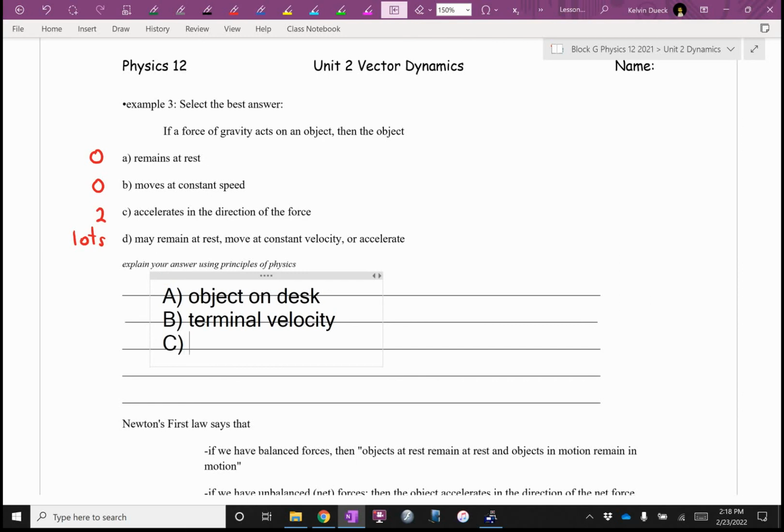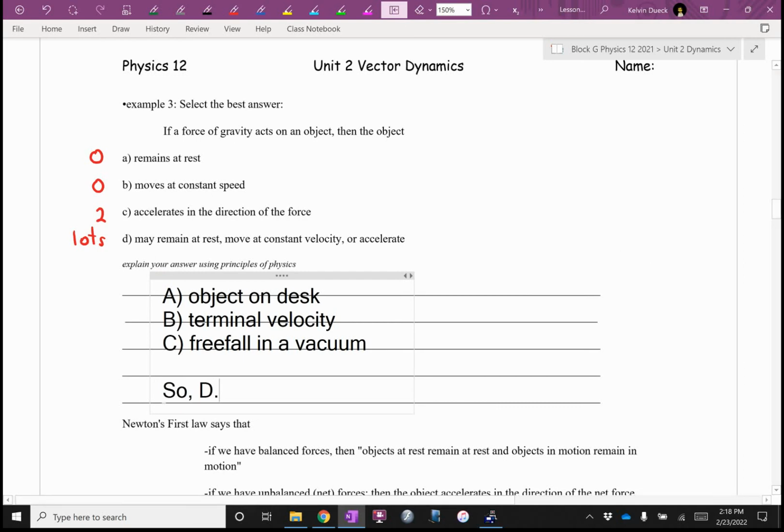What about accelerating in the direction of the force? Well, how about free fall? Or free fall in general, as long as we have a fairly aerodynamic object and don't let it hit terminal velocity, which is what we pretended was happening most of the time last year. So, D.